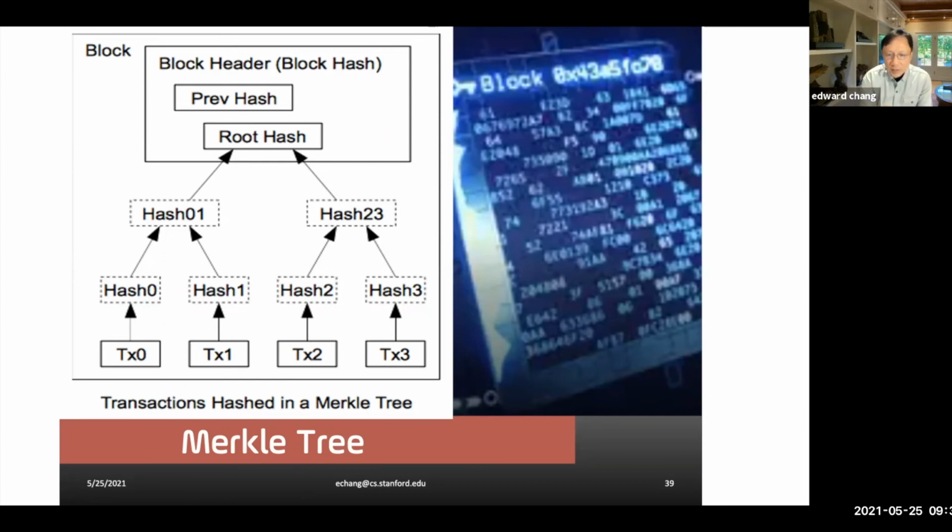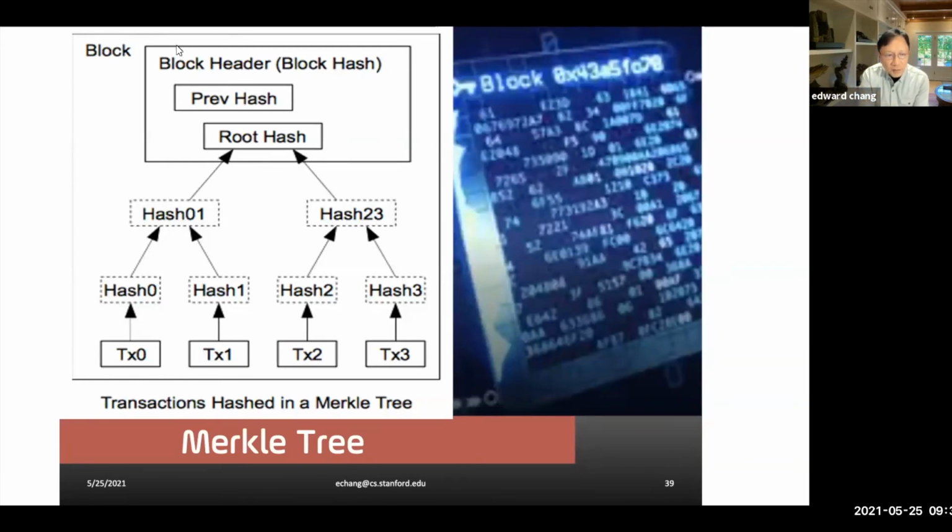Because no one can come here to hack your data. If someone did, then the hash value will be mismatched, and we can identify it. And then this is like a binary tree, eventually going up to the top, and we have this root hash, which is utilized to authenticate that this block is not contaminated.